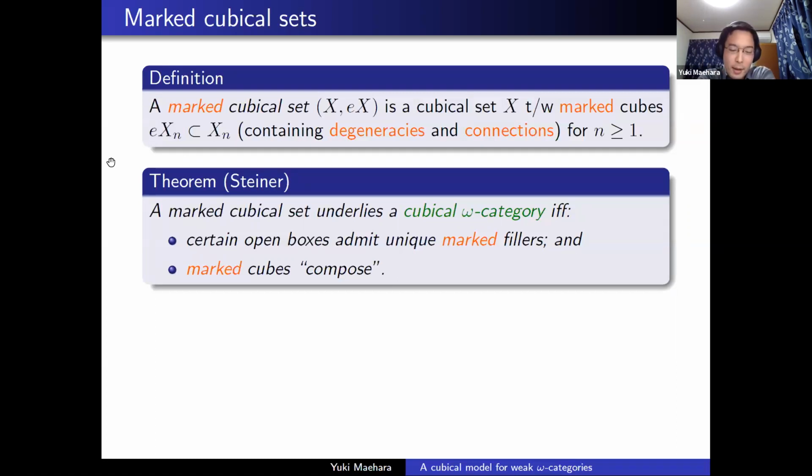Whenever we want to turn strict things into weak things, very informally speaking, what we do is turn every single equality we see into a higher invertible morphism, whatever the right notion is in that context. So in particular, in this setting, the marked cubes used to correspond to the identities in the strict case.